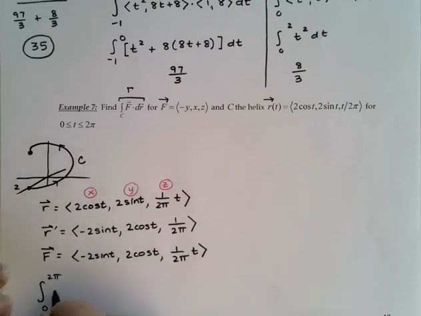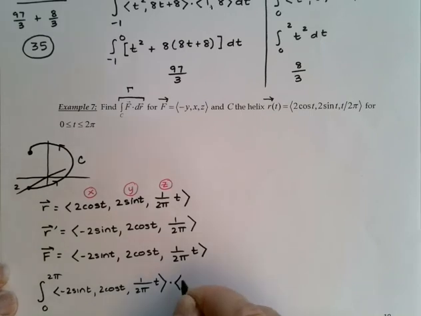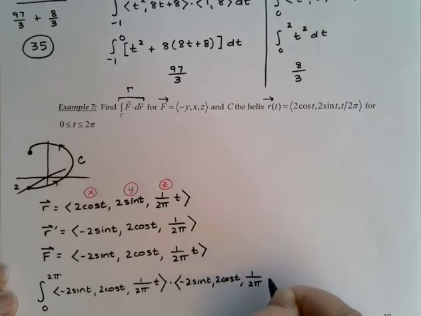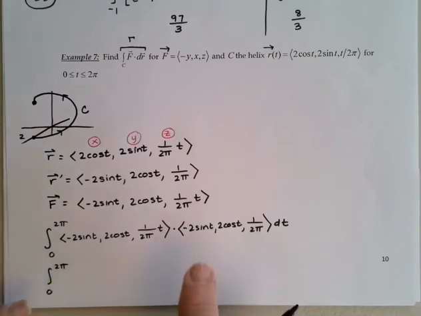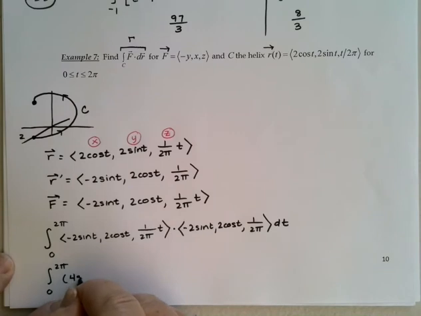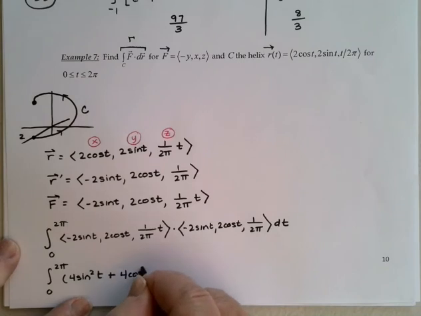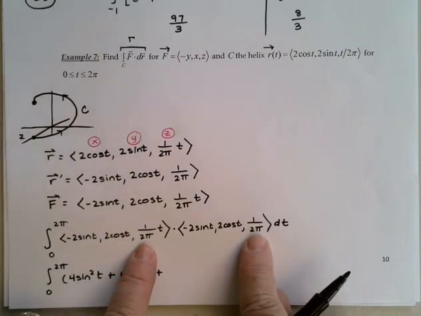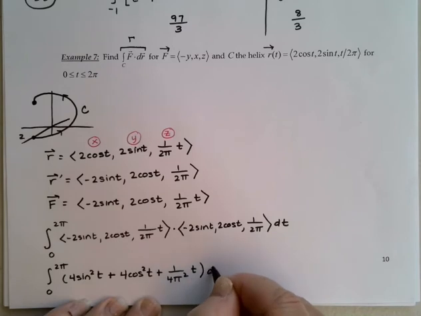And then I'm going to take F dot r prime, which is going to give me 4 sine squared t plus 4 cosine squared t plus 1 over 4 pi squared times t dt.